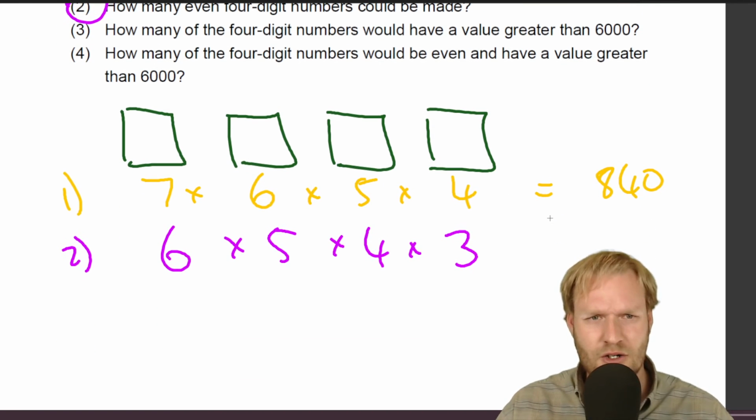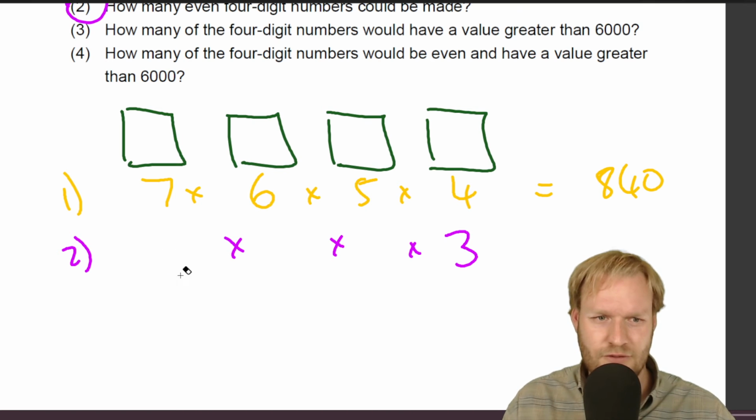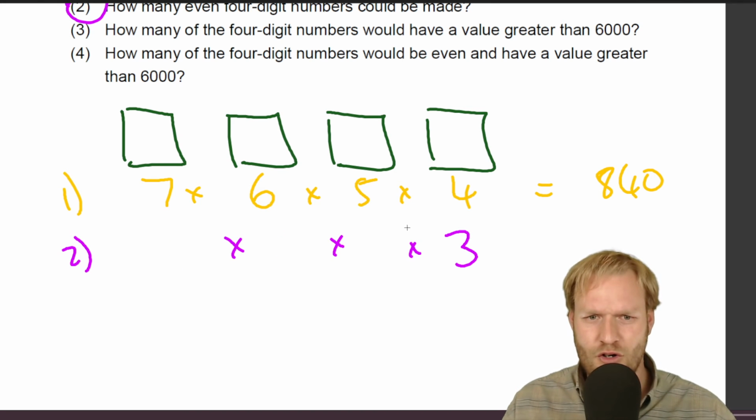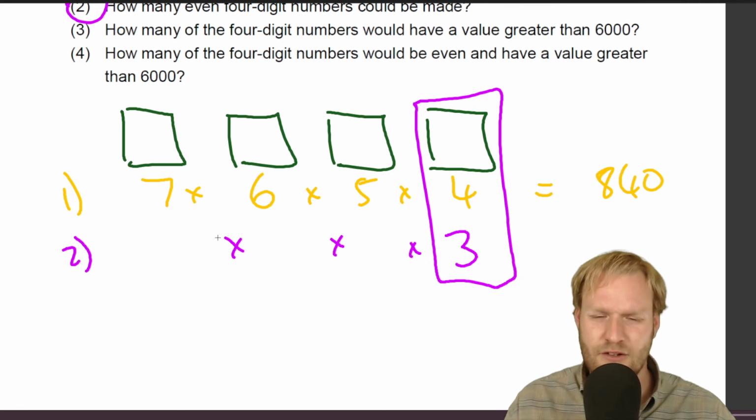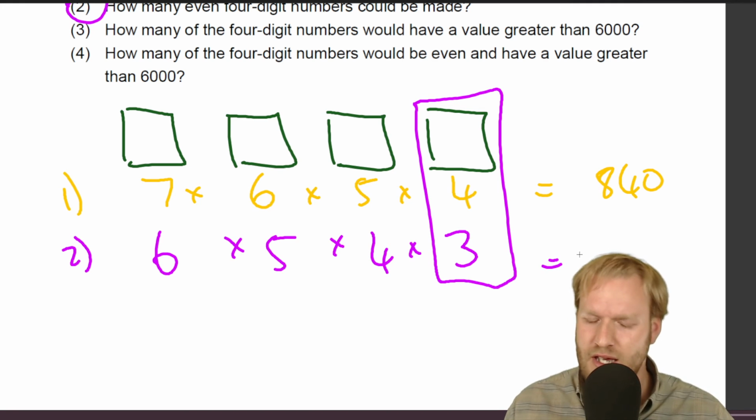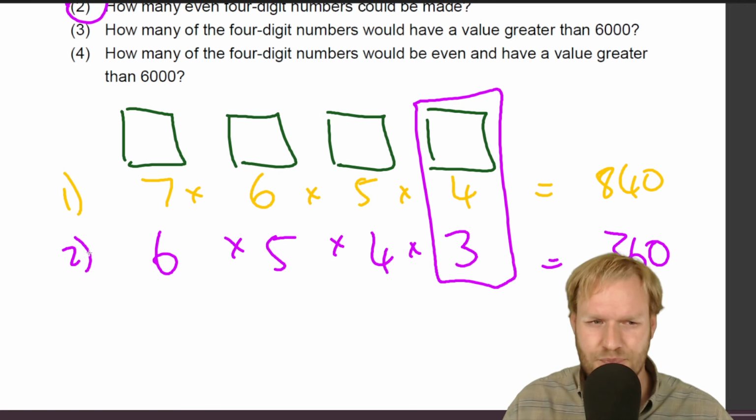As I said, the order doesn't really matter, because I almost want to work backwards. Maybe the real point is you must do this one first, and then from there, you fill in the rest from the remaining 6, 5, and 4 digits. You multiply those out and I get 360.